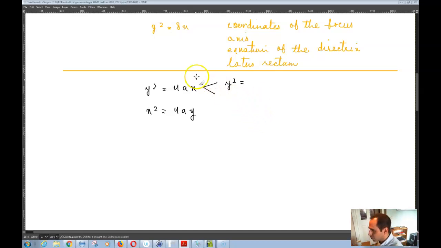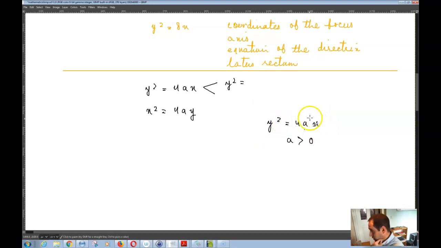Now in this equation, if you have, for example, something like y squared is equal to 4ax, over here a is greater than 0. So since a is greater than 0, then of course y squared has to be a positive value.